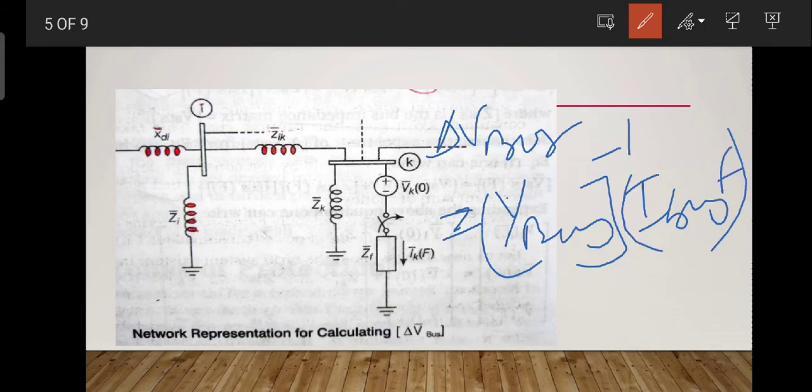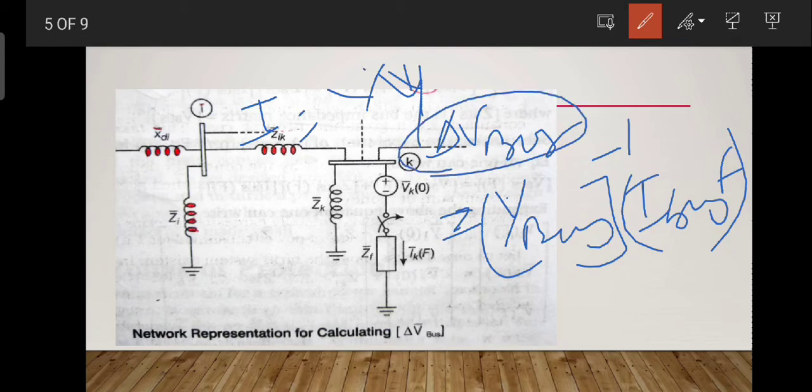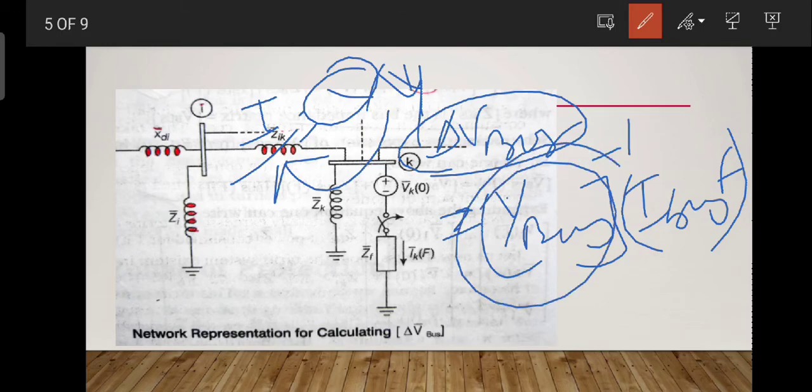How? Because I is equal to V into Y, so V is equal to I divided by Y, and this Y will be converted to its denominator and transferred to inverse form.